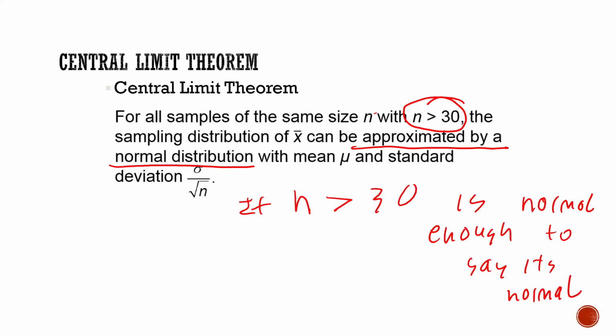It just stays normal. So then you don't need to worry about the sample size. If it's already normal, we know it's normal. Otherwise, we know by the central limit theorem that if n is greater than 30, we can assume it's normal. Now, if n is 10, it's more normal than if n is 5, but 30 is where we're going to say that's the limit.